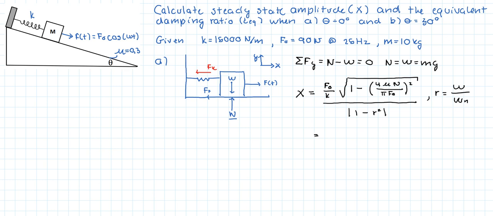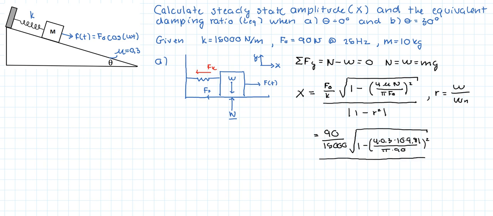And so we have, for F naught, we said that was equal to 90, divided by 15,000, multiplied by the square root of 1 minus 4 times 0.3 times 10 times 9.81 divided by pi times 90, all of this divided by the absolute value of 1 minus the excitation frequency.